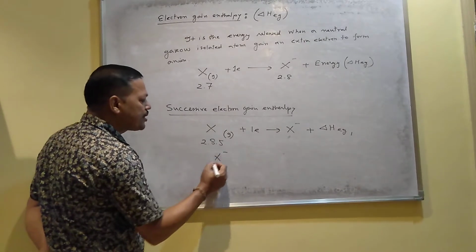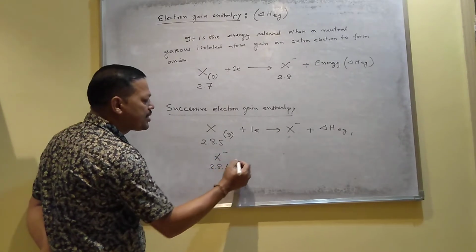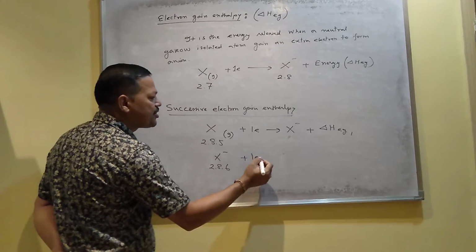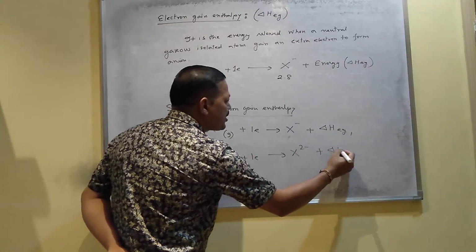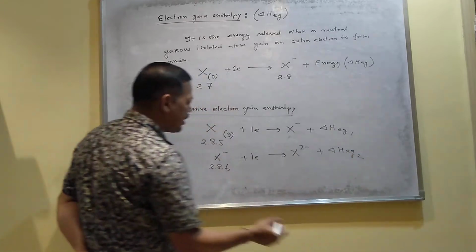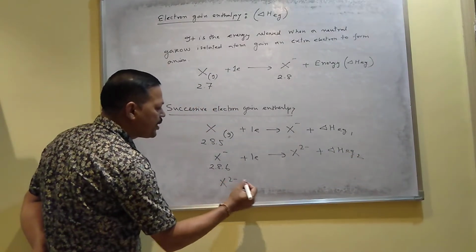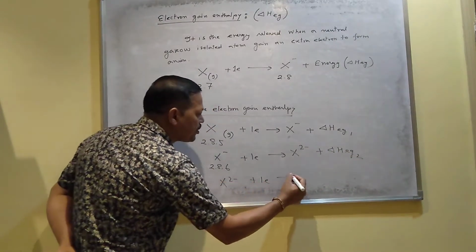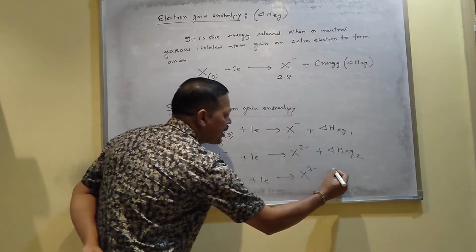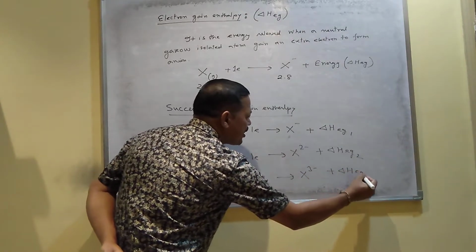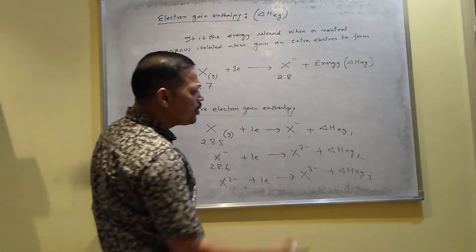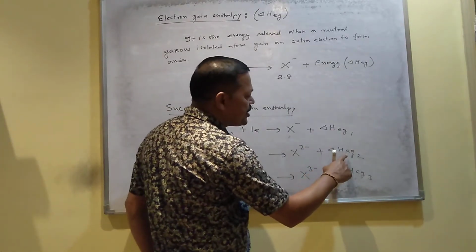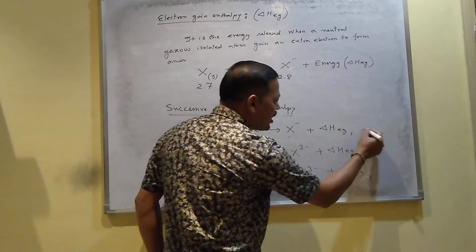Similarly, this X minus, whose configuration is 2,8,6, again gains 1 extra electron and becomes X2 minus, again it releases one energy which is called second electron gain enthalpy. Similarly, X2 minus again gains 1 electron, it produces X3 minus, and it releases one energy that is called Eg3, third electron gain enthalpy.